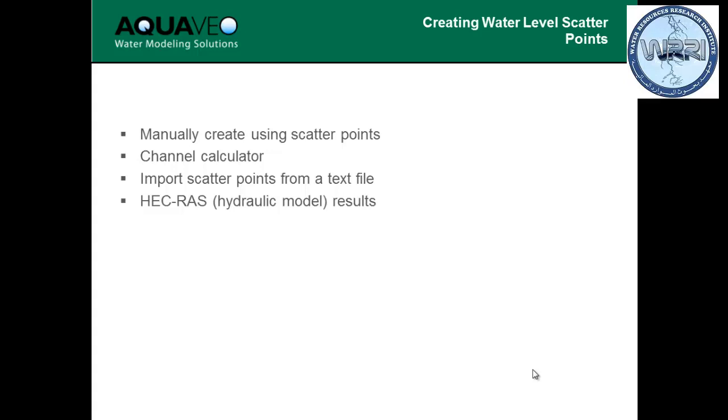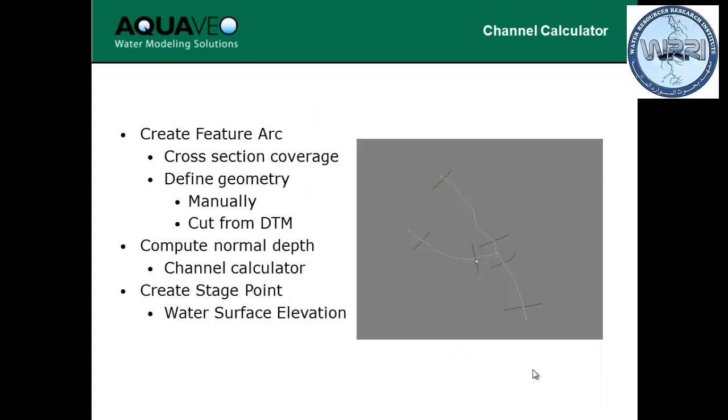There are several ways of getting your water surface elevations that are available in WMS. You can manually create them, just point and click and create them in the 2D scattered data set. You can use the channel calculator. There's a channel calculator in WMS that allows you to do that. You can run HEC-RAS and read that in, or if you have some X, Y, and water surface elevation points, you can import that file and read in those points.